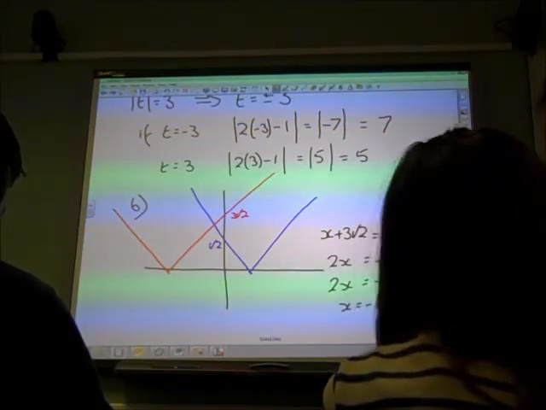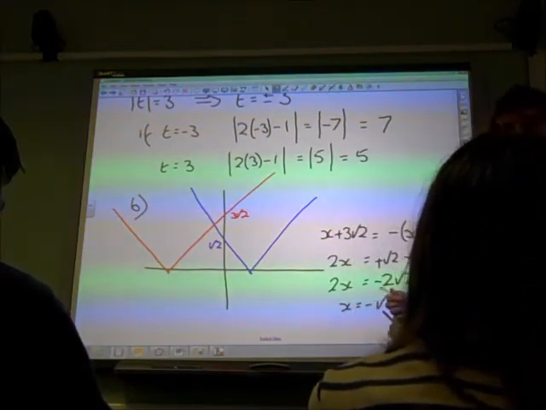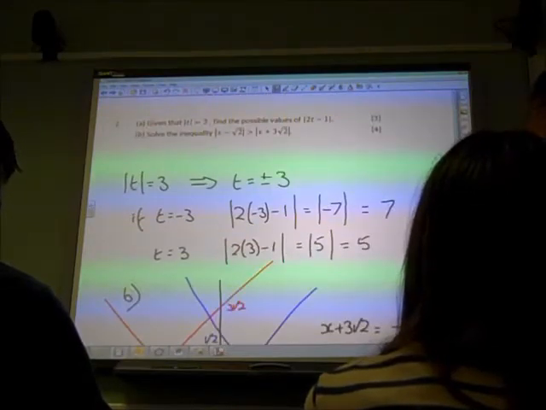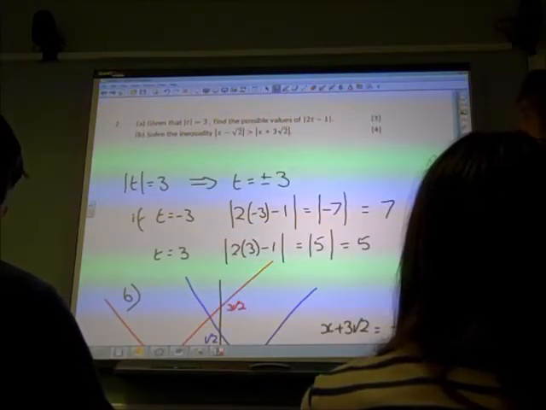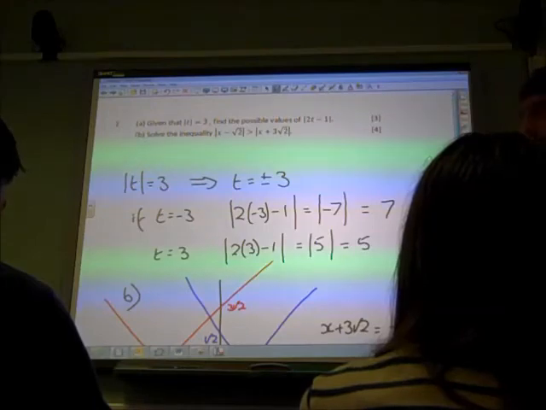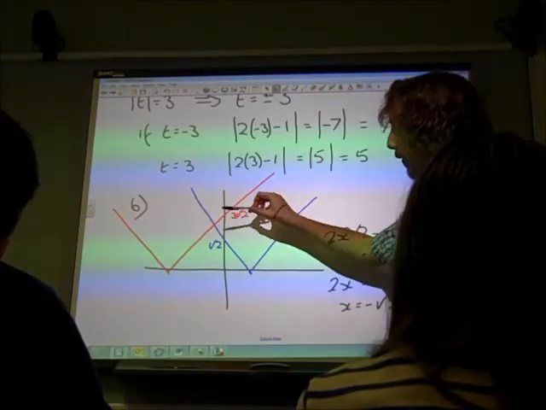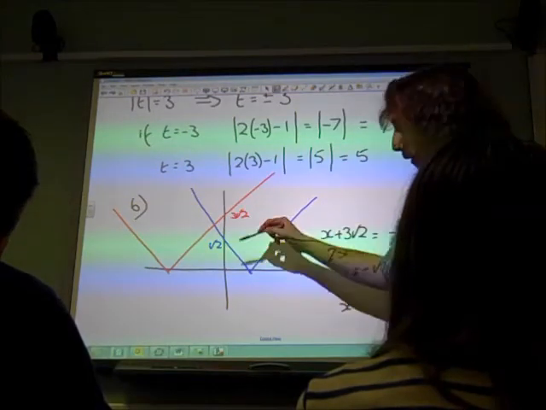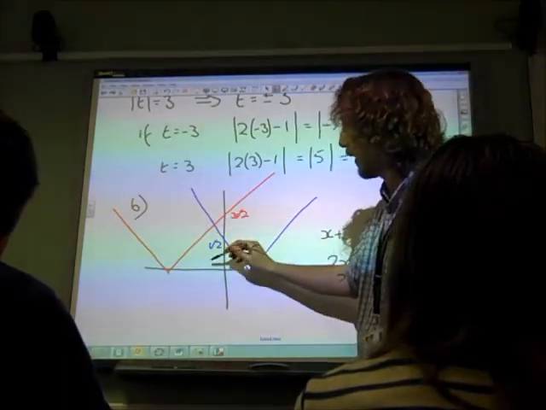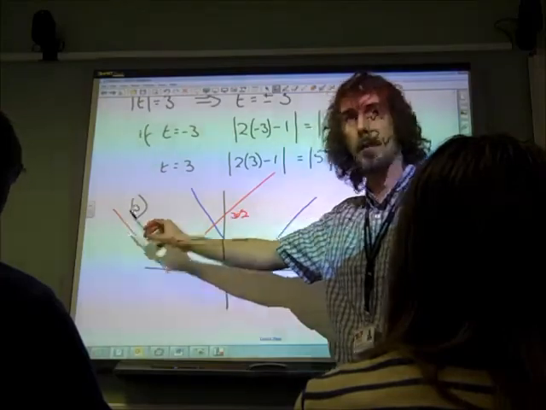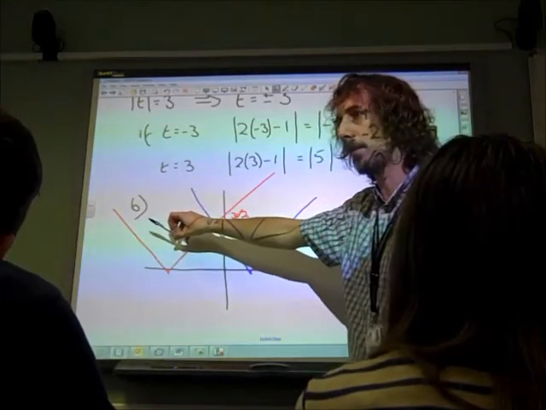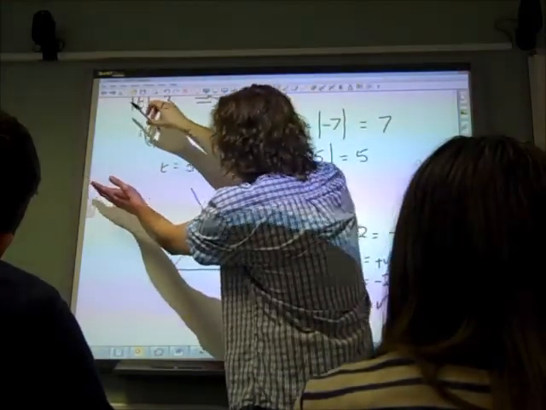And if that's the case, then we need to work out when the one that I've drawn in blue is greater than the one that I've drawn in red. When is the one in blue above the one in red? And it looks like that's the point where things change. To the left of that, the blue one is above the red one all the time, and it will continue to be because they're parallel.